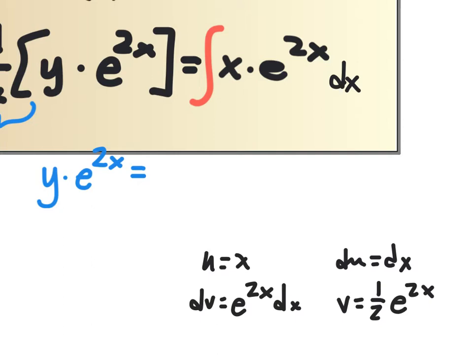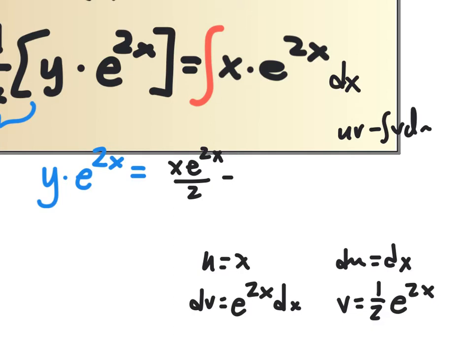Okay, so what this will equal, remember, integration by parts will be uv minus the integral of v du. So uv will be x e to the 2x over 2 minus the integral of v du.